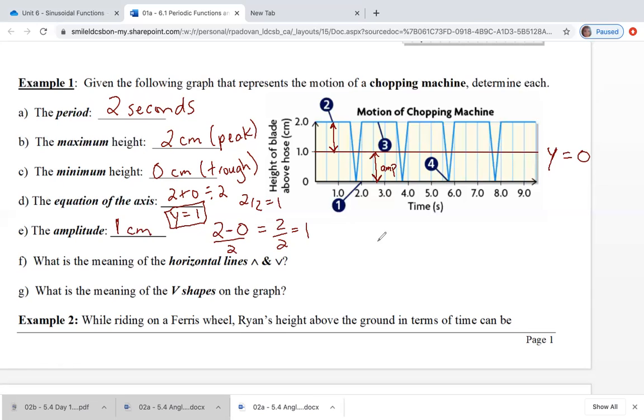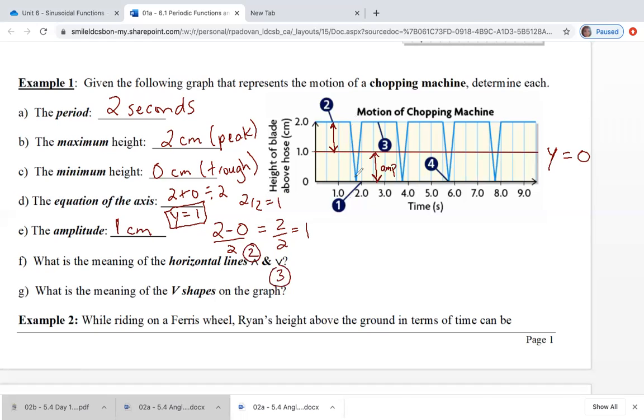What is the meaning of the horizontal lines, for example, this number 2 circle here, and the number 3 circle? What is the meaning of those horizontal lines, 2 and 3? Meaning, why is it horizontal? What's happening in terms of the chopping machine?